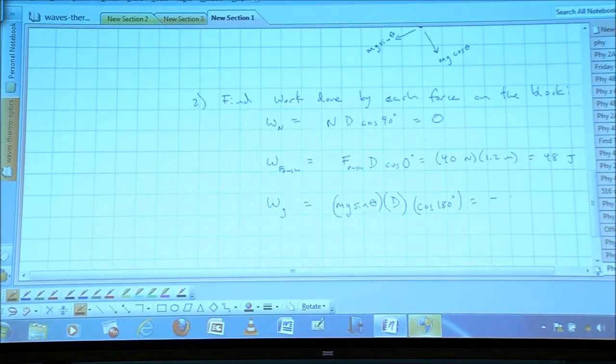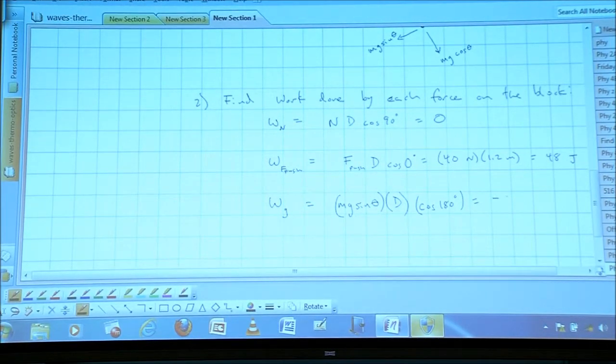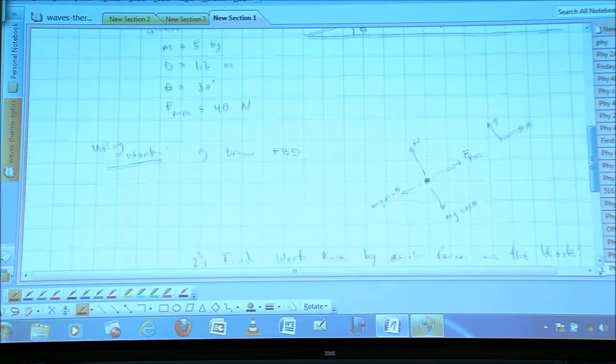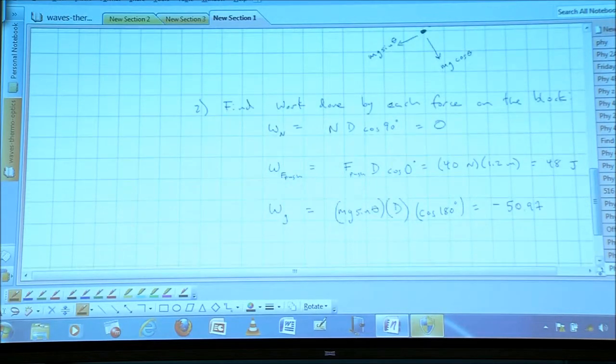Negative what? 50. mg is about 50, right? And then you're multiplying by sine of 30 degrees. Then that makes it about 25. Yeah, that can't be right. Then you're multiplying by 1.2. That makes it about 30.